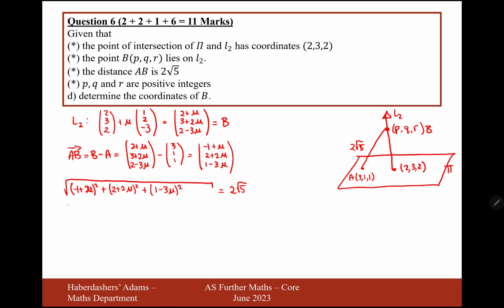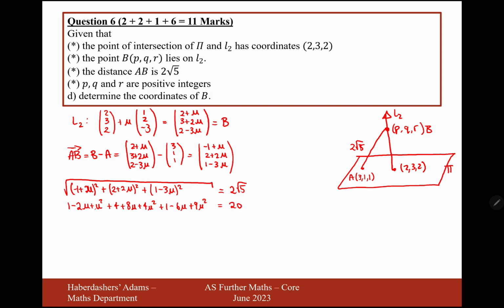So it's going to become 1 minus 2 mu plus mu squared plus 4 plus 8 mu plus 4 mu squared, add 1 minus 6 mu, add 9 mu squared, equals 2 root 5 squared, which on the calculator gives 20.